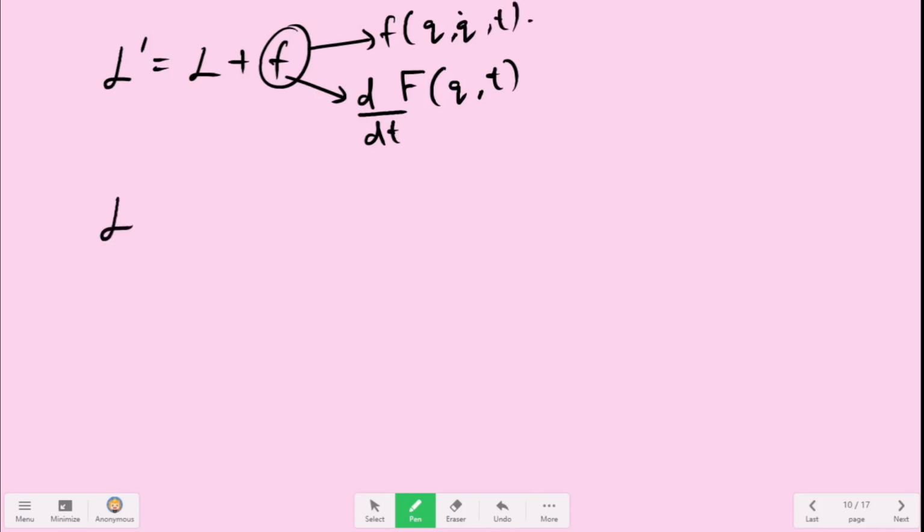Now suppose we have L' = L + g, where g is a function of q, q double dot, q dot, t.